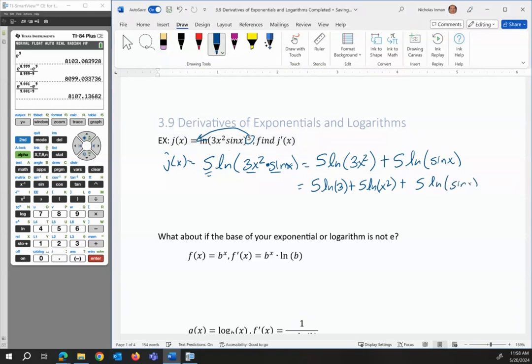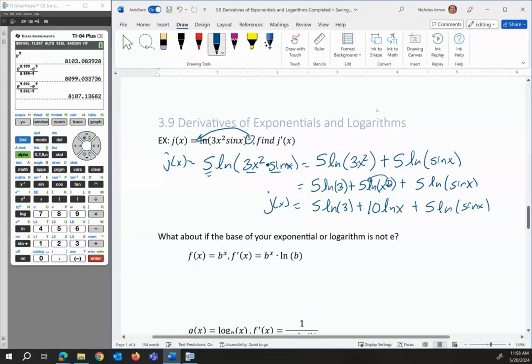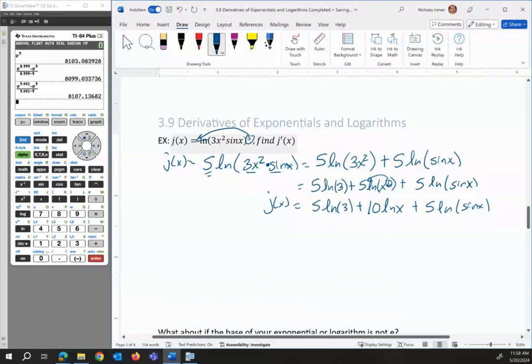The second one, I can't really do anything with. There's a sign inside of there, so I can't really split that. Then I could even take this exponent and move it to the front. So my normal function can go from this giant thing to these three smaller pieces being added.